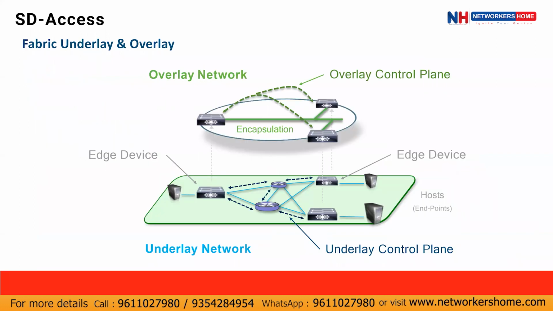So if you see, the edge device is here. These arrows are the underlay control plane, which uses any protocol supported as of now in Cisco SD-Access. There are two protocols supported for building the underlay. Underlay is nothing but the basic connectivity and reachability using any supported routing protocol.